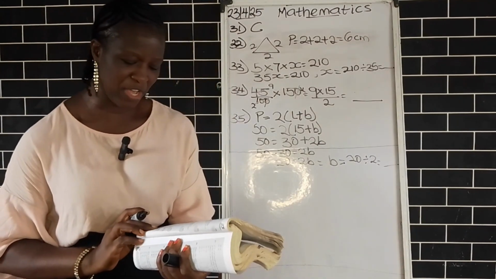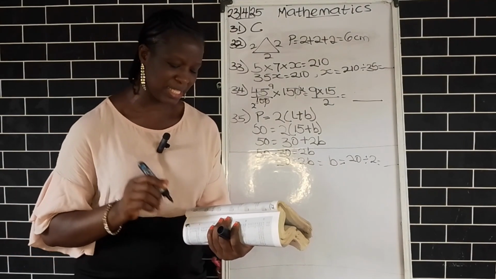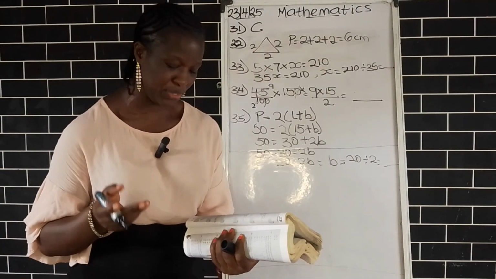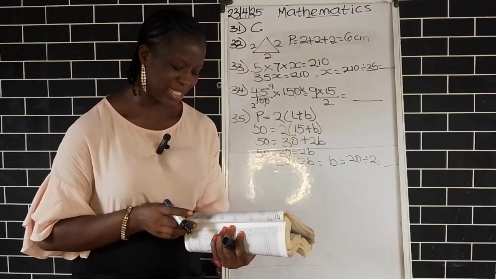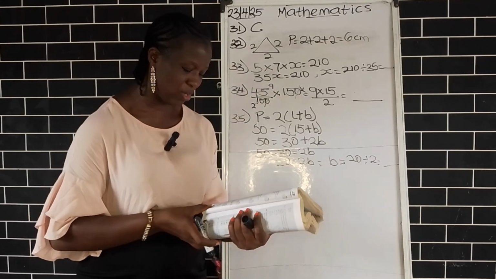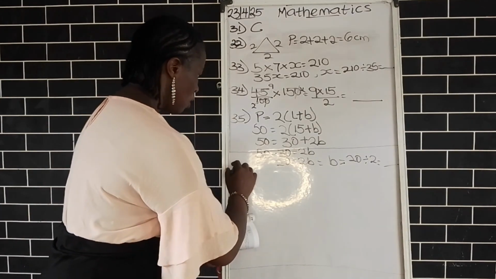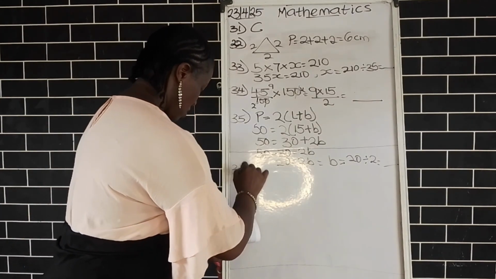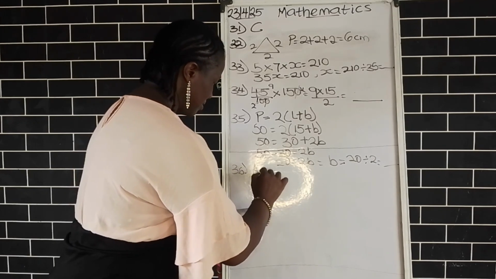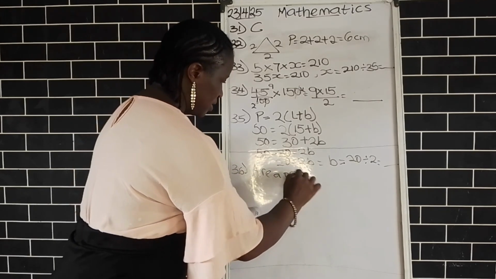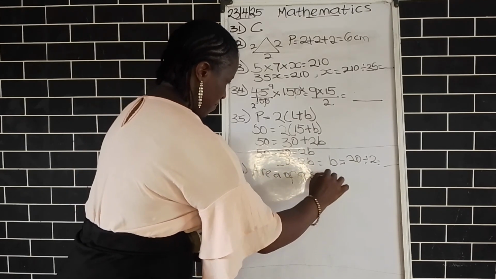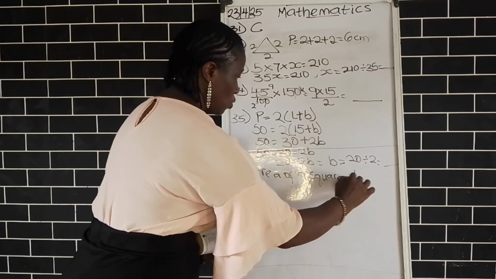If the area of the square is 169 square units, what is the length of the side of the square? So number 36. The area of a square is equal to L squared.